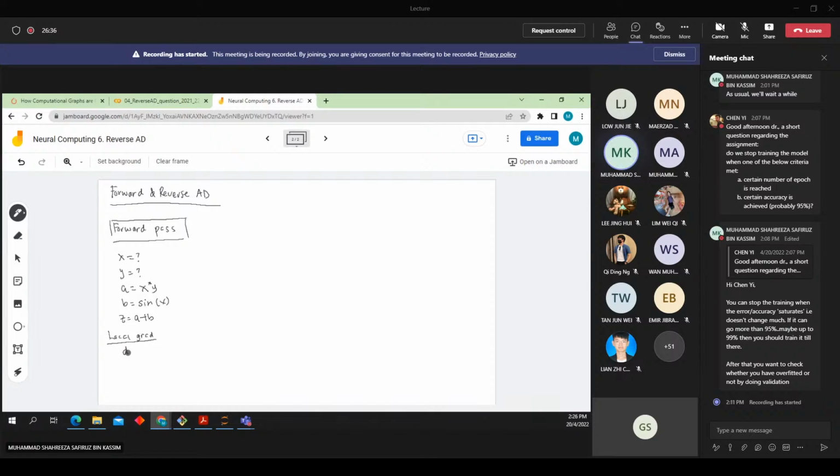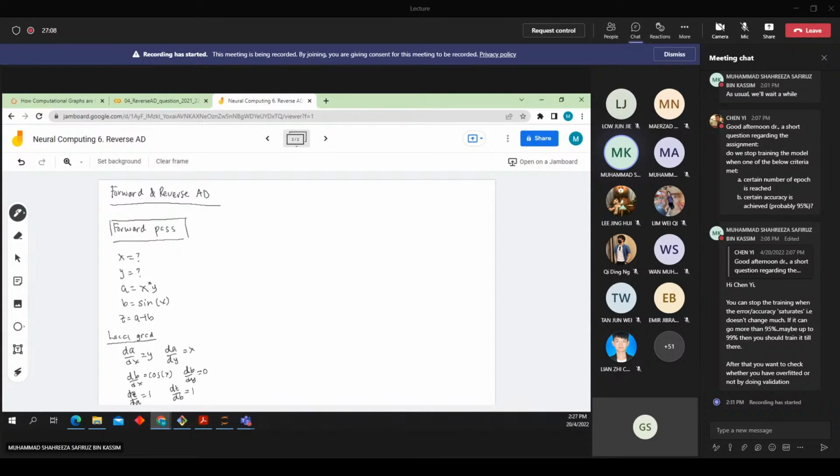So da/dx equals y, and da/dy equals x, and db/dx equals cosine of x, and db/dy equals 0. dz with respect to a equals 1, and dz with respect to b equals 1 as well.